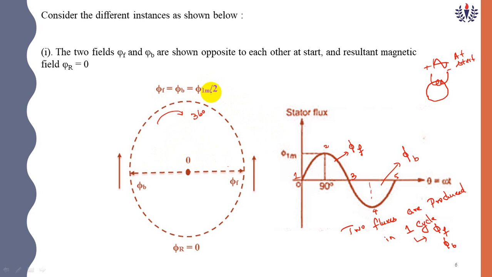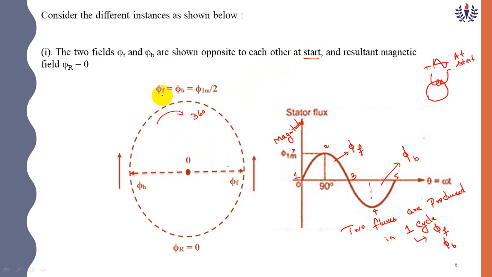Phi 1m is nothing but a magnitude; this m stands for magnitude. So phi f equals phi b, which equals phi 1m divided by 2. This is produced when your motor is at the starting stage.